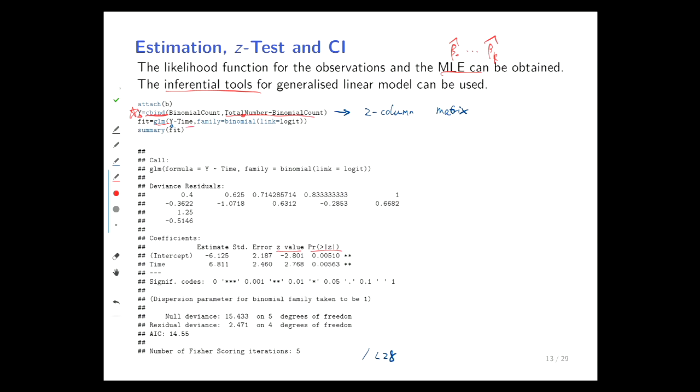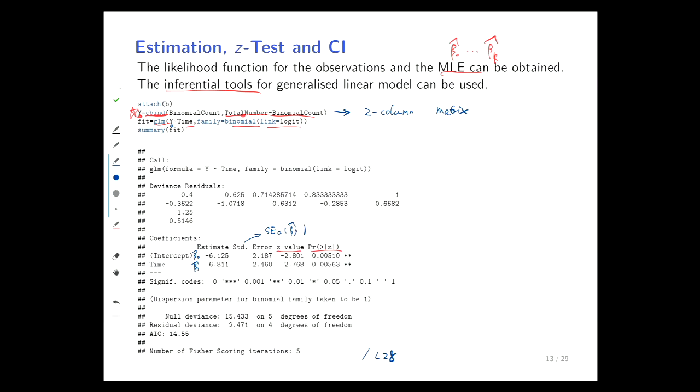And then the explanatory variable, and the family is binomial now, and the link is logit, because we consider binomial logistic regression. And then we will have this table. Similarly, we will have our maximum likelihood estimates, beta 0 hat and beta 1 hat, and the corresponding standard error of beta j hat.